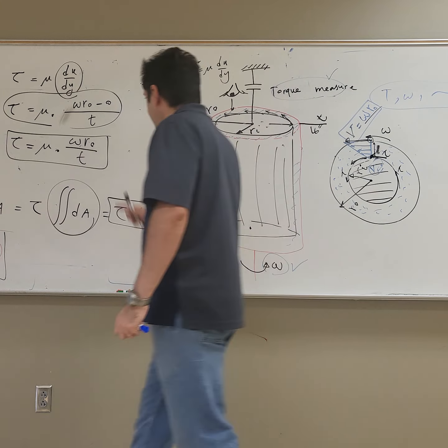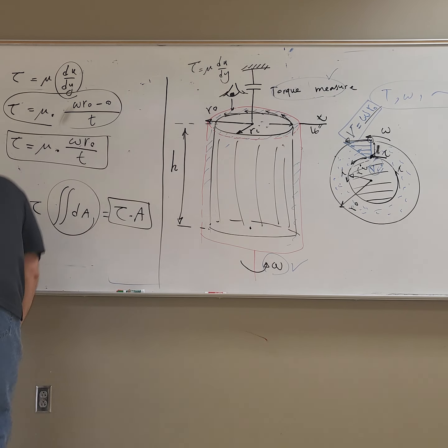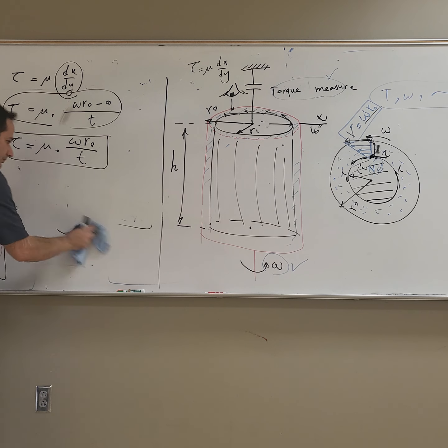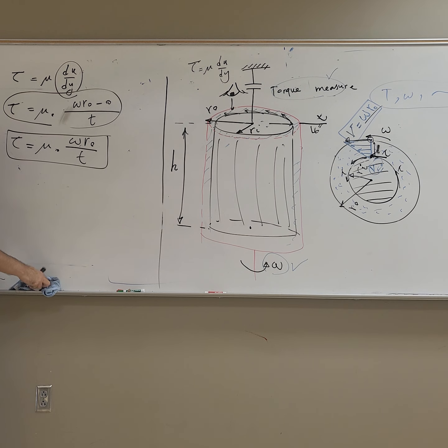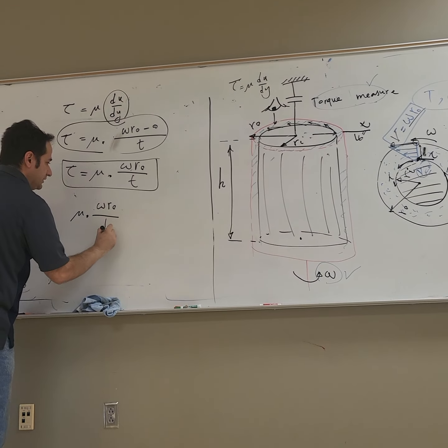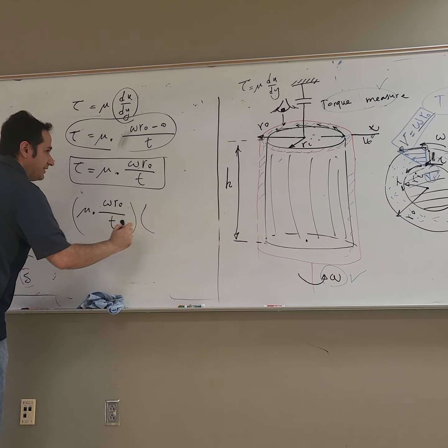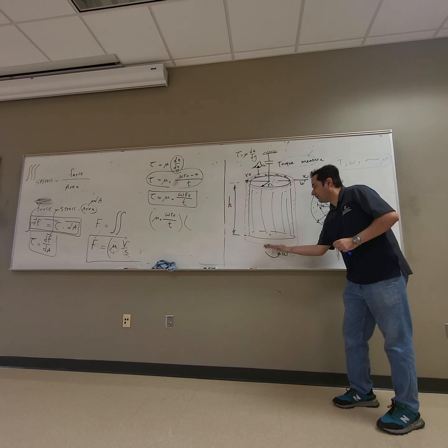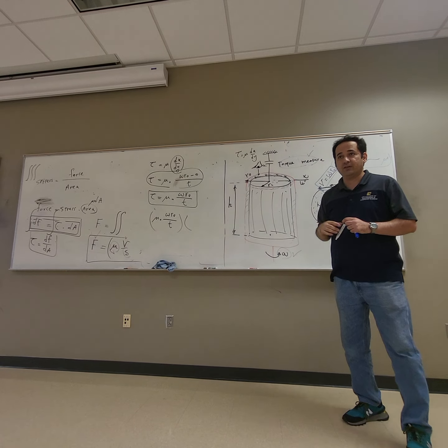So if I multiply that value, mu 0 omega Ro divided by T, by the area, what's the area of the surface of the cylinder? You see, I'm not talking about bottom or top, just the surface.